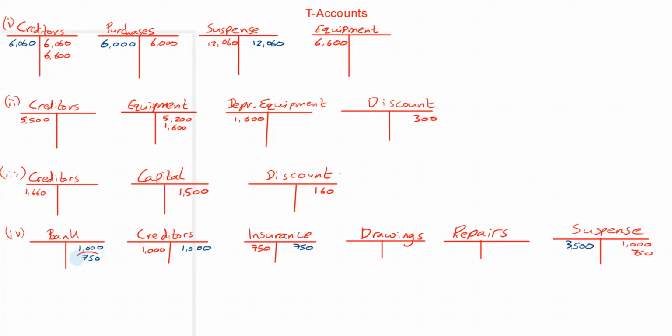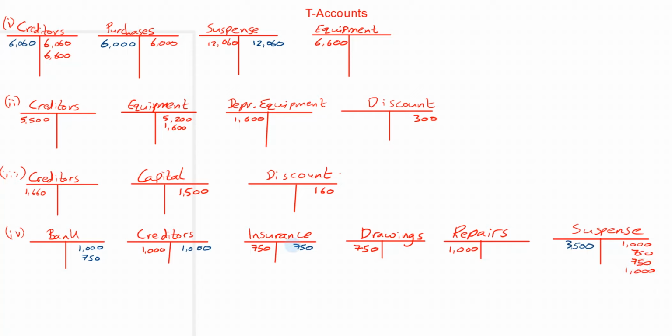So the 750 should have double entered into drawings because we weren't paying for company insurance, we were paying for private insurance. So that double entry will then have to go into the suspense. Again, that 1,000 euro should have gone to repairs. So repairs will be 1,000 and the double entry will have to be into suspense as well.